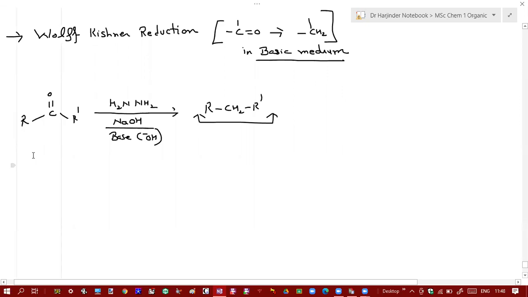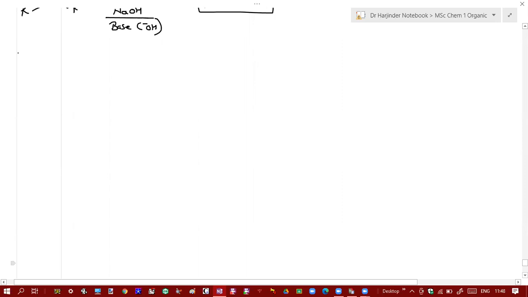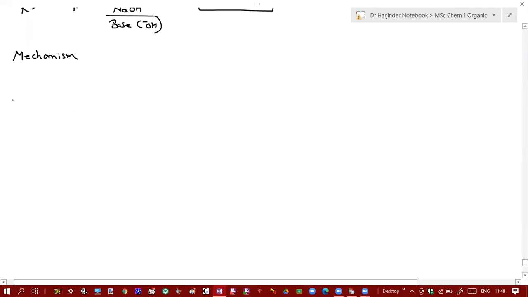Again, this reaction is very important and the mechanism is very, very simple. Now, what will be the first step? You are using hydrazine and you have a carbonyl compound, R2C double bond O. What will be the first step?